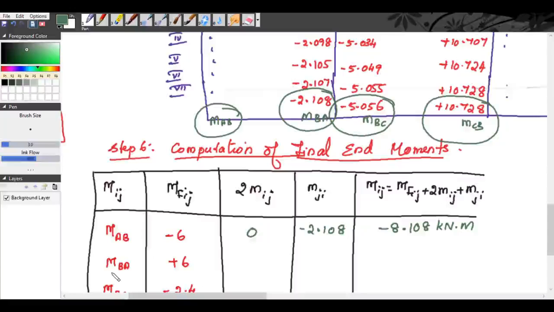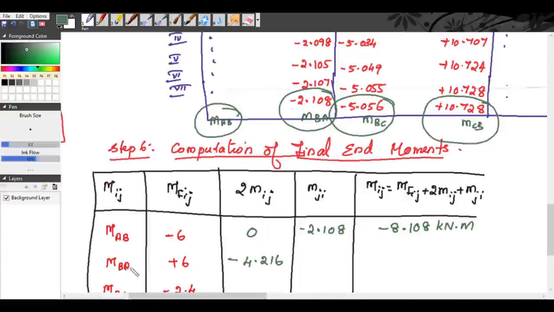Similarly, the end moment at B when the far end is A. So, MFBA is equal to plus 6. Here I is B, J is A. So, small mBA is minus 2.108. 2 times minus 2.108, we get minus 4.216.